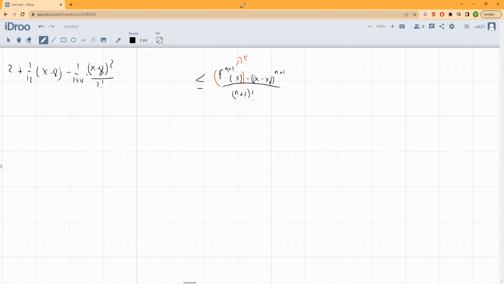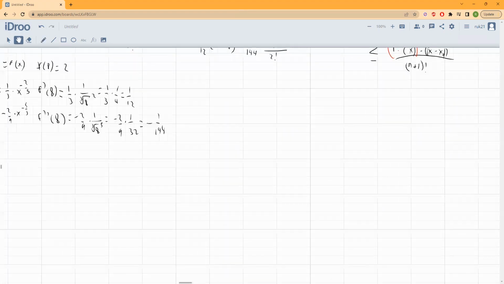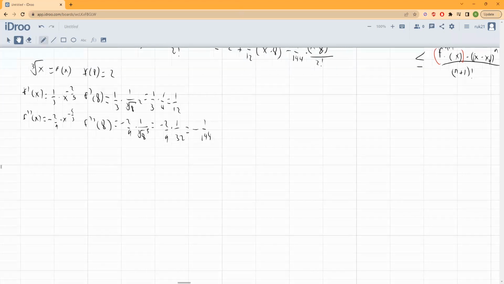So first, let's start by finding k, or the f^(n+1) derivative. In this case, because our degree is 2, what we're looking for is our third derivative. Before, if you remember right over here, we had our second derivative. So over here, I'm going to continue and find my third derivative. So f triple prime of x is equal to 10 over 27 times 1 over x to the power of 8 over 3.